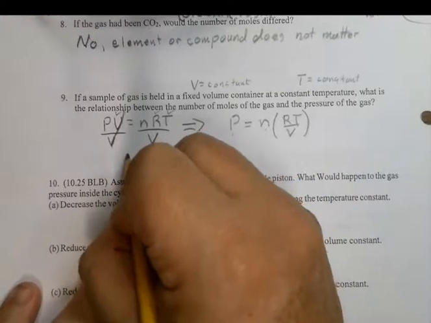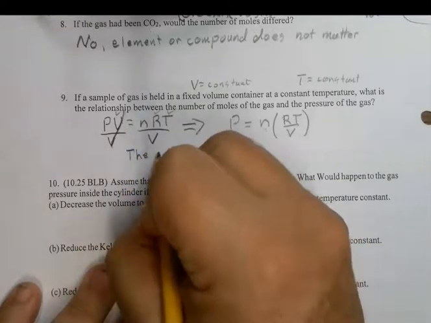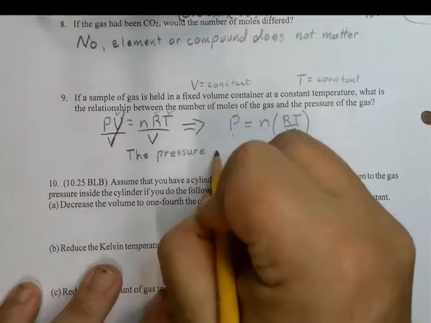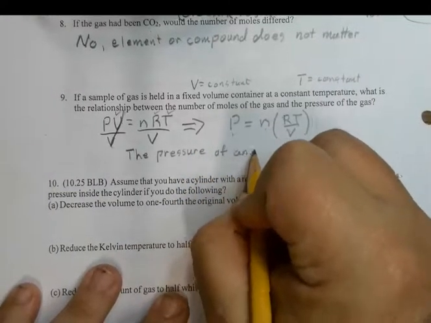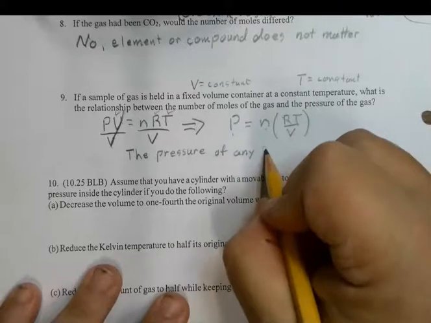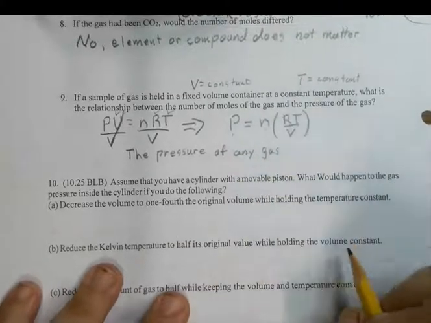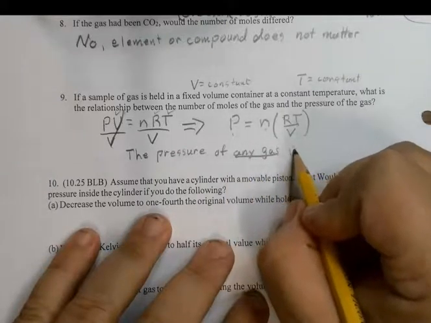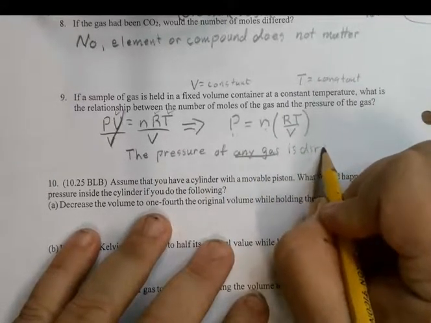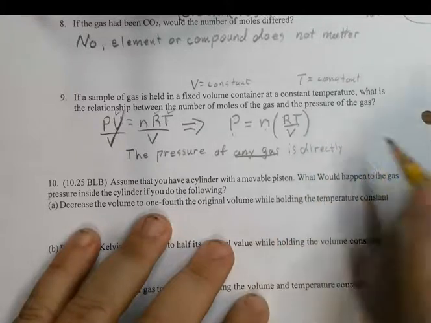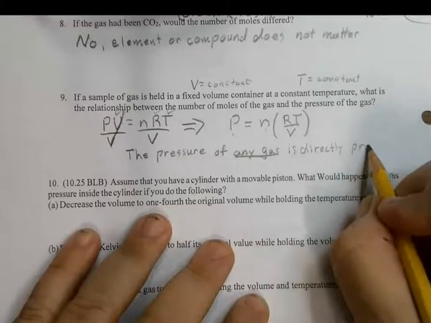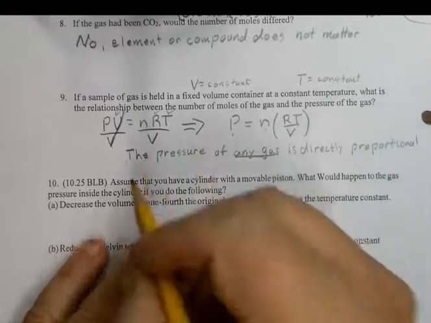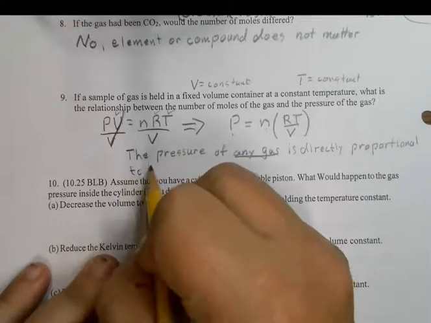So the pressure of any gas, all the rules we're writing apply to any kind of gas. There's no difference between carbon dioxide and helium. Of any gas is directly proportional to the number of moles.